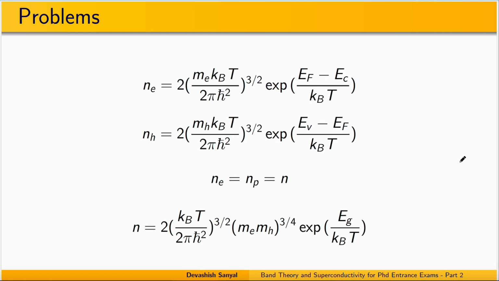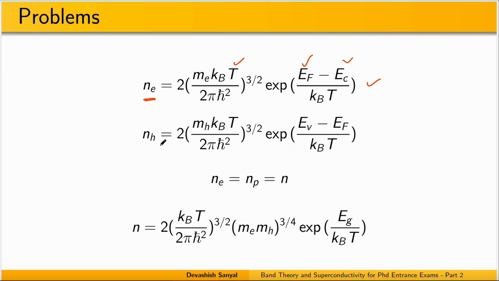Now we can calculate. This is all textbook stuff. The electron density in the conduction band is given by this expression, involving the Fermi energy, the lower edge of the conduction band, the temperature, and so on.